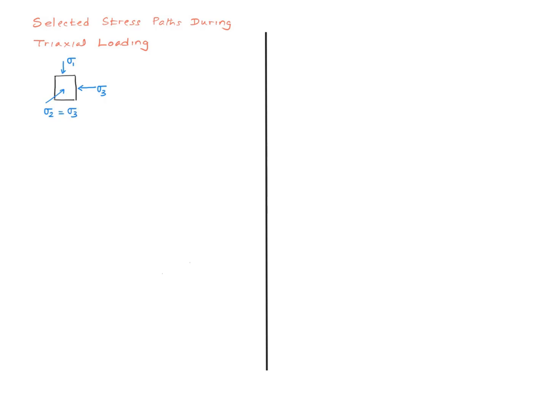a PQ space. Let's define P as the average of the three principal stresses. So that will be sigma 1 plus sigma 2 plus sigma 3 over 3, right? But because sigma 2 equals sigma 3, P then becomes equal to sigma 1 plus 2 times sigma 3 over 3. Let's define Q as the difference between the two principal stresses.